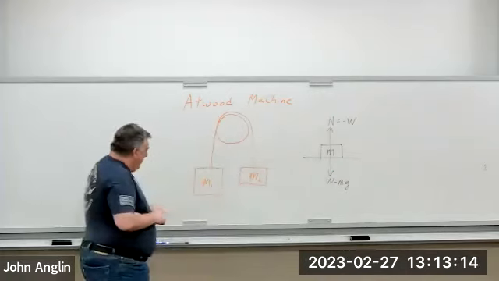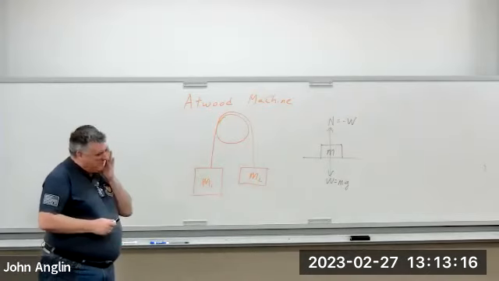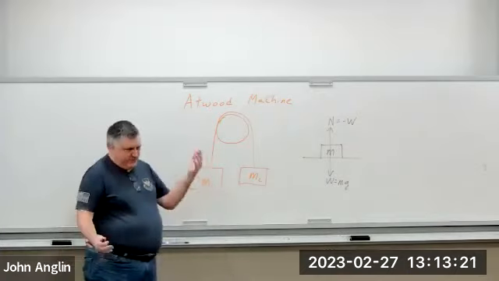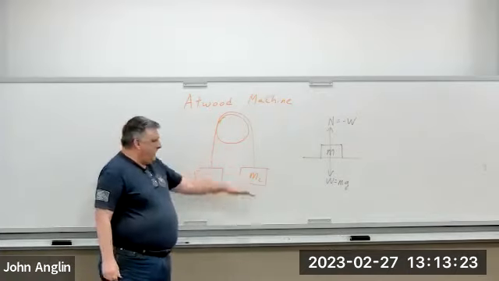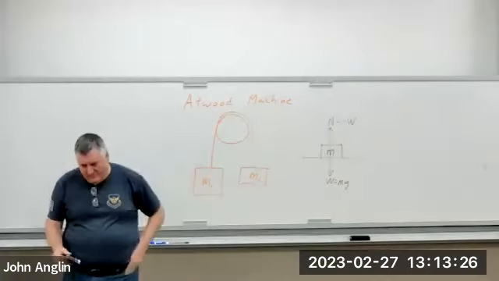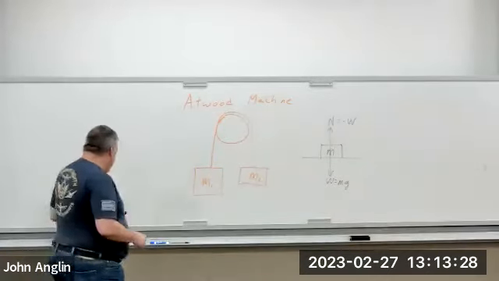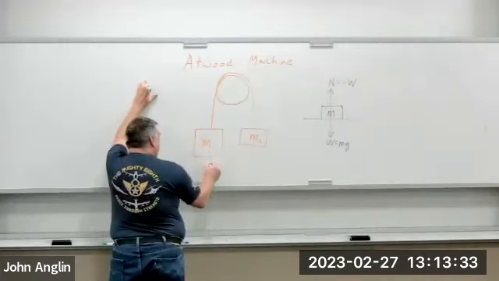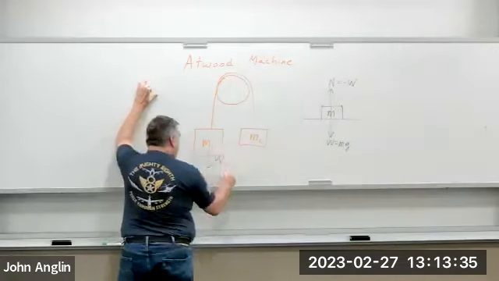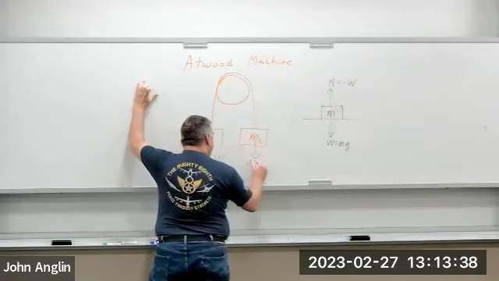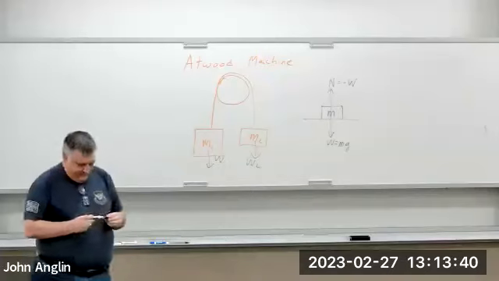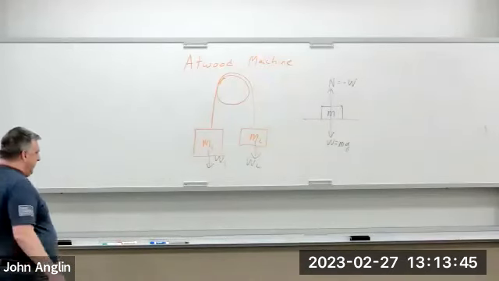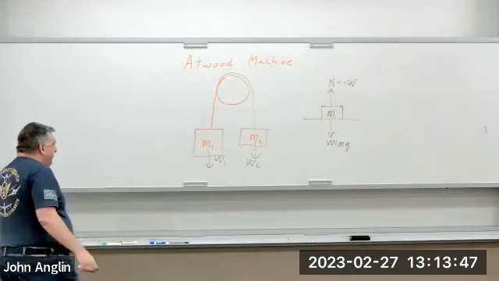This represents the box pushes on the floor with weight, the floor pushes back on the box with some normal force. But in this case, with our Atwood machine, the boxes are hanging from some rope, chain, whatever it is, and they're not touching the floor. But there is still a weight component to those things, obviously, because we're under the influence of some acceleration, in this case, the gravitational field.